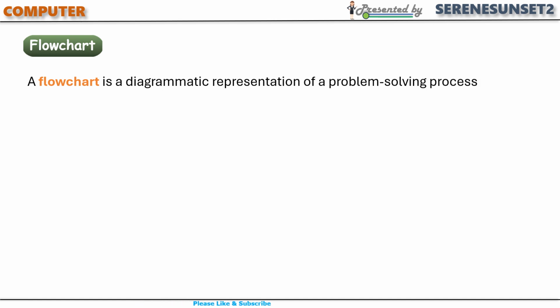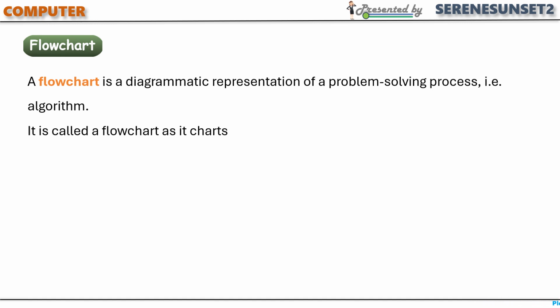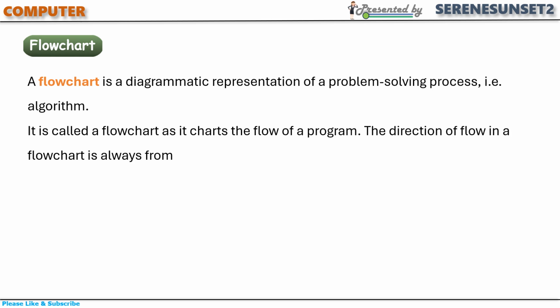Flowchart. A flowchart is a pictorial representation of problem-solving processes, i.e., algorithm. It is called a flowchart as it charts the flow of a program. The direction of flow in a flowchart is always from top to bottom or left to right.